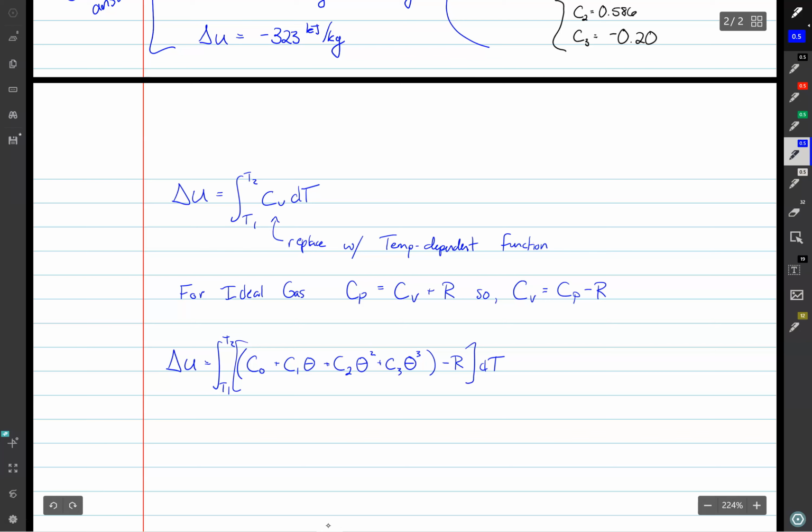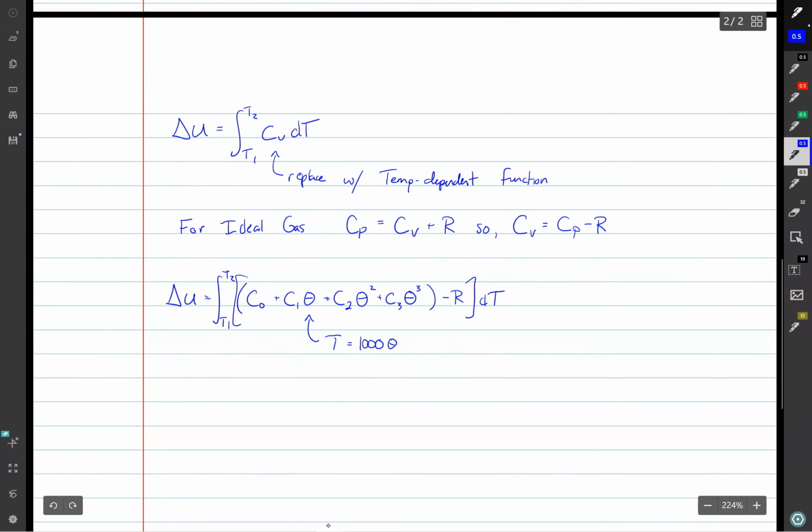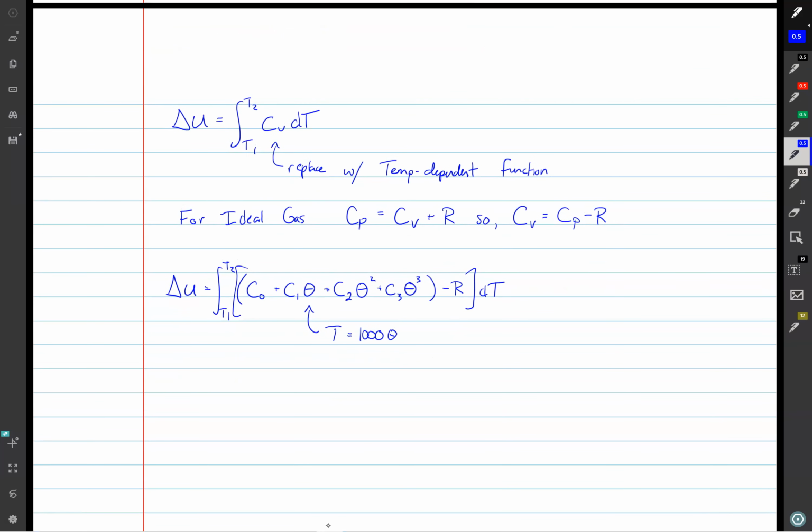So that whole thing in brackets is Cv. We have a little bit of a problem because theta is not temperature. Right? T equals 1000 theta. So we can get from temperature to theta, from theta to temperature by a factor of 1000.